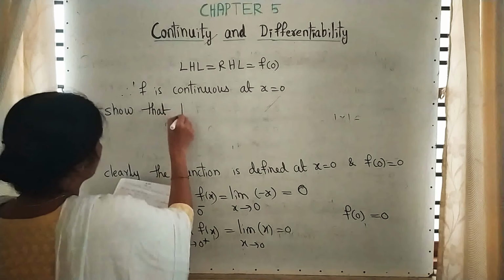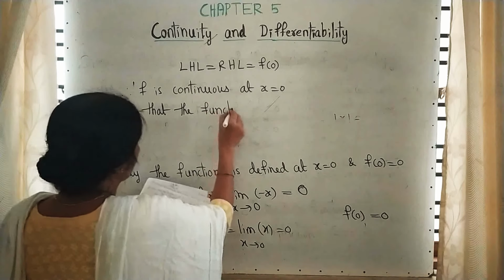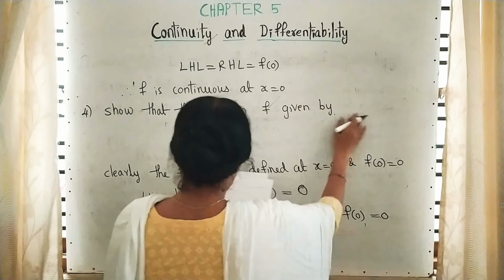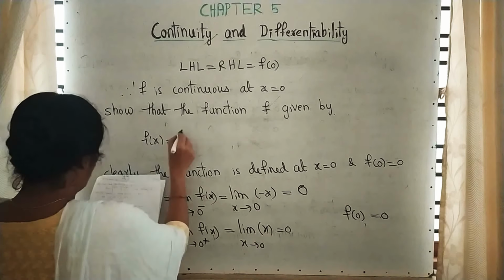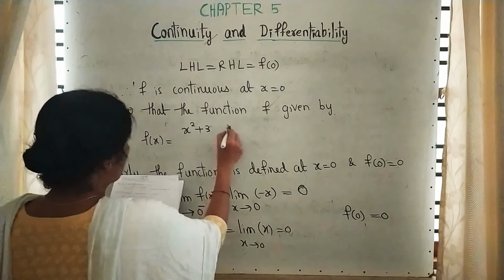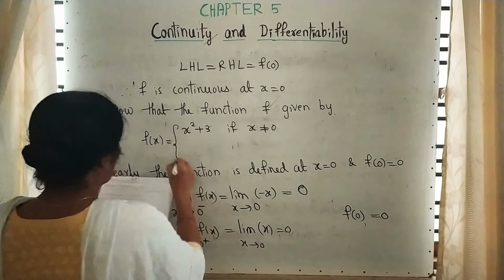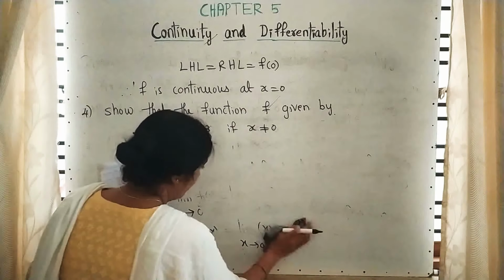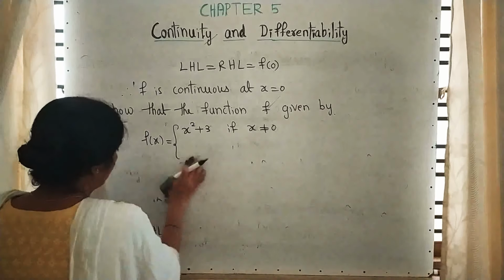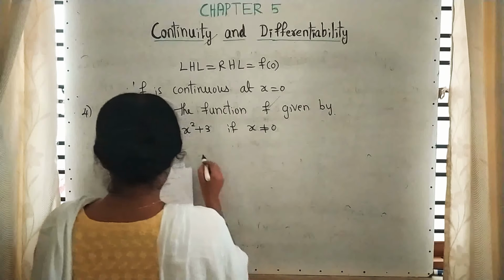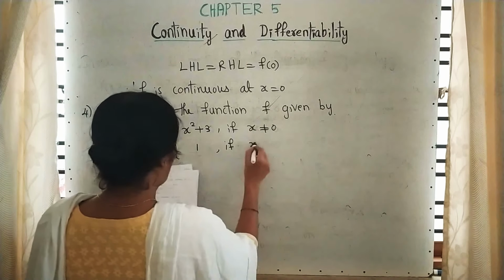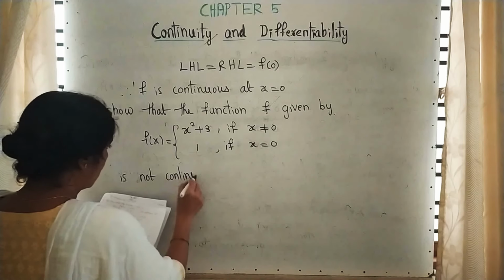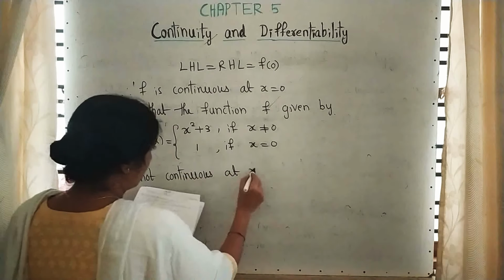Show that the function f given by f of x is equal to x square plus 3 if x is not equal to 0, and 1 if x is equal to 0, is not continuous at x is equal to 0.